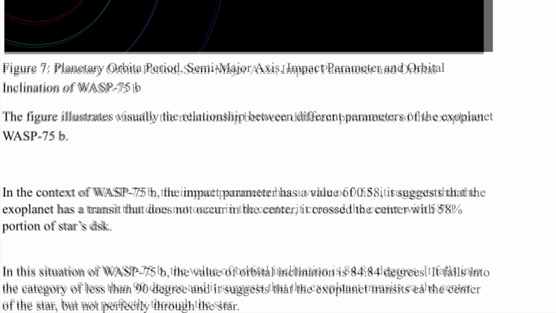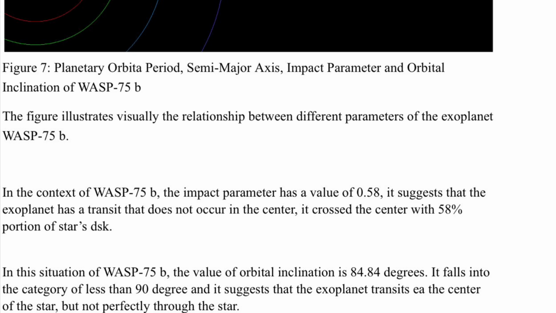An orbital inclination i is the angle between the exoplanet's orbital plane and the host star's equatorial plane. When the orbital inclination equals 90 degrees, it means that the exoplanet passes directly in front of the host star with an edge-on orbit. When the orbital inclination is less than 90 degrees, the exoplanet passes partially across the center of the star.